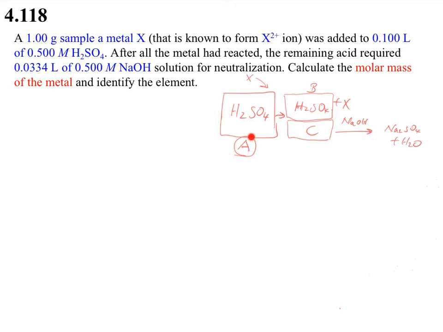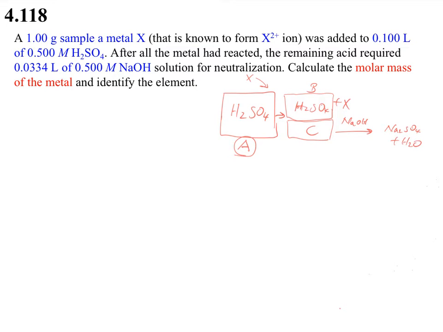Once we know A and C, we can figure out how many moles of sulfuric acid are in the B part that reacted with 1.0 gram of metal X. Okay, now let's start. At the beginning, how many moles of sulfuric acid do we have?